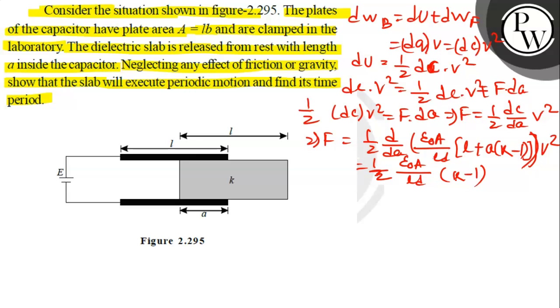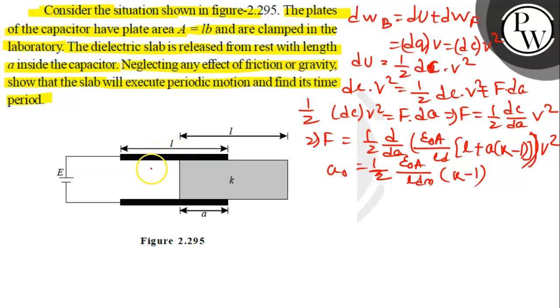So the acceleration of the dielectric is given by a naught, which is 1 by 2 epsilon naught A into V square divided by L d m, into K minus 1. As the force is in the inward direction, it will tend to make the dielectric completely fill the space inside the capacitor.